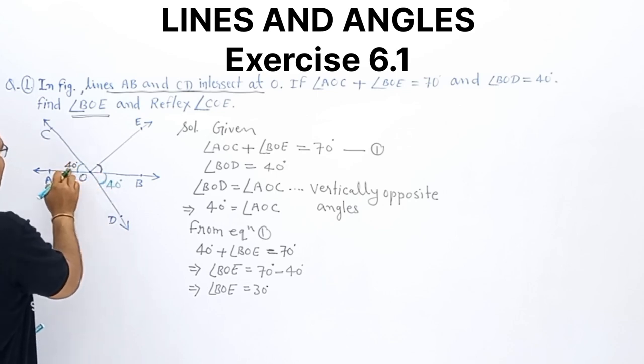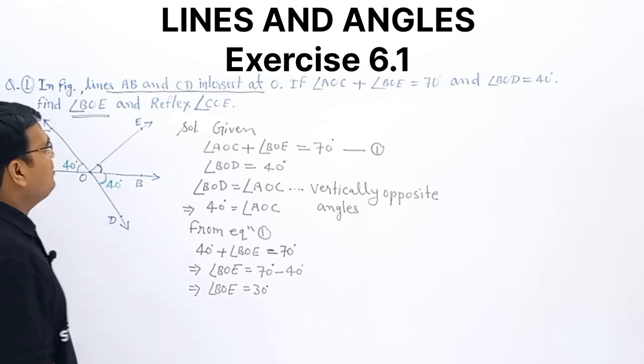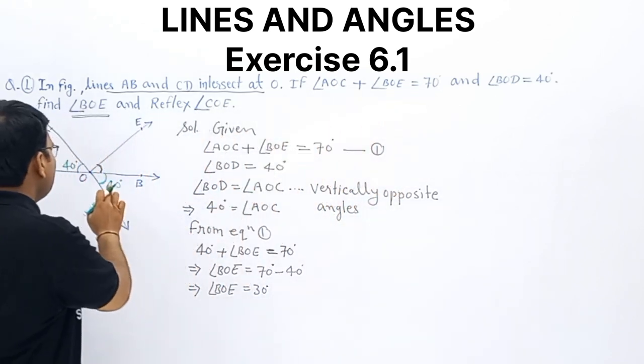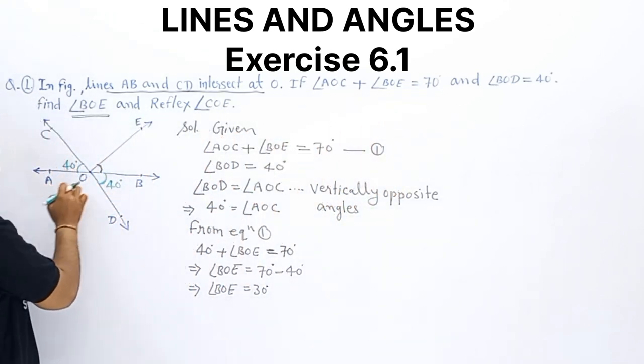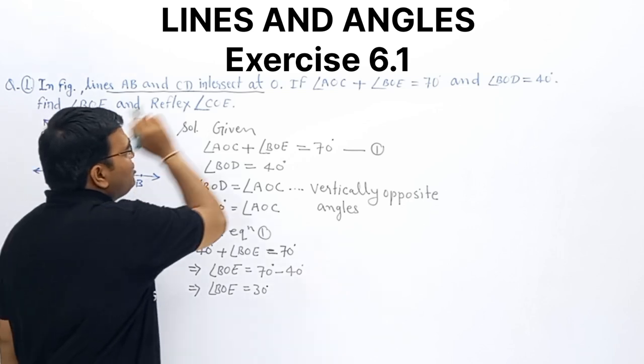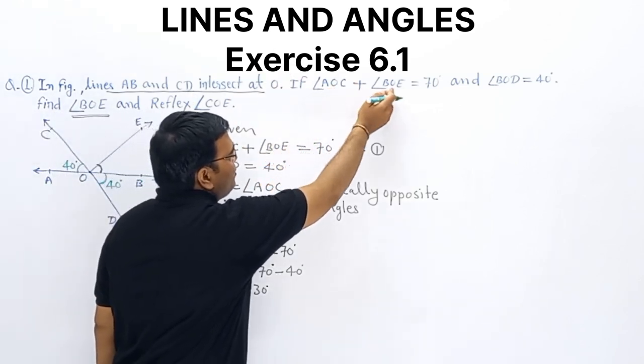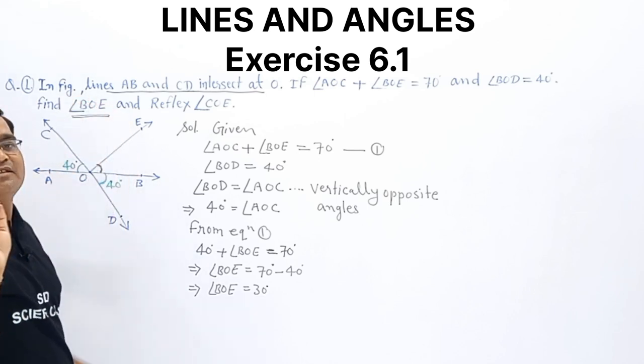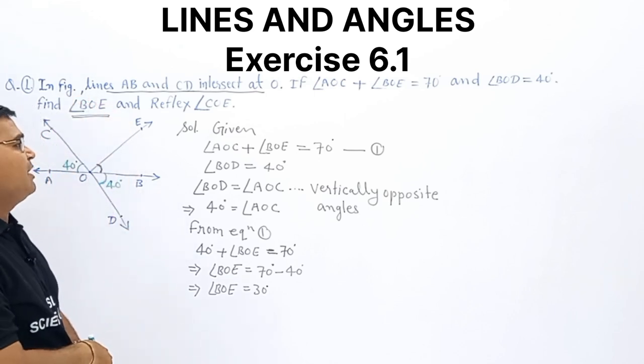This 40. So this will be 40 degree. Now in the question we are having one relation. Angle AOC plus BOE equal to 70. So this is vertically opposite of this one. So AOC we obtained. We are putting this value there and solving, we get BOE, and this one we want. Clear? This is first answer we obtain.